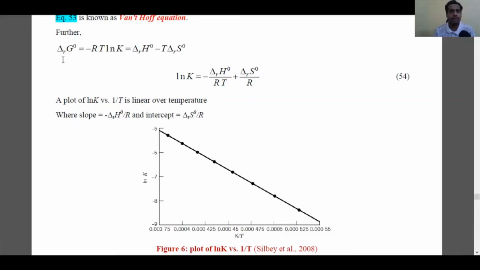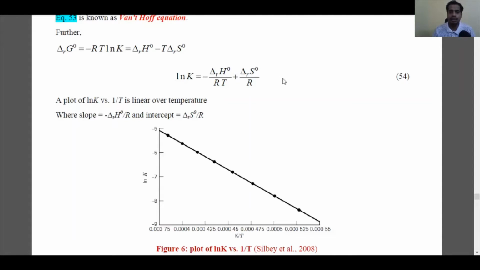So the reaction Gibbs energy at standard state is equal to reaction enthalpy at standard state minus temperature times reaction entropy at standard state, which is further equal to minus RT ln K at equilibrium. So if we rearrange, what will we get? ln K is equal to minus ΔrH0 by RT plus ΔrS0 by R.